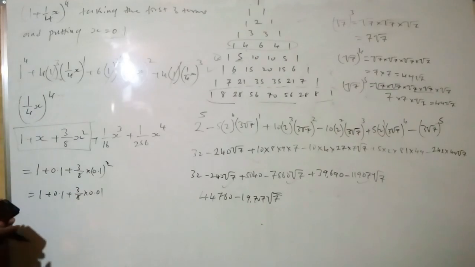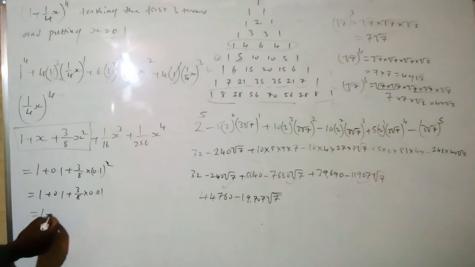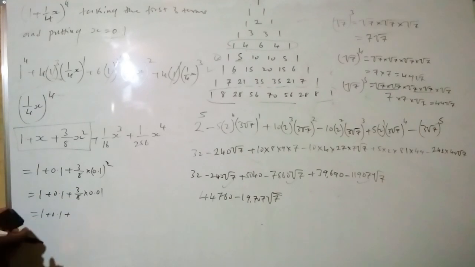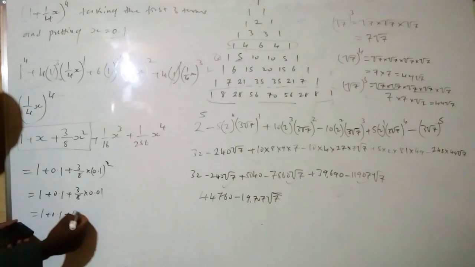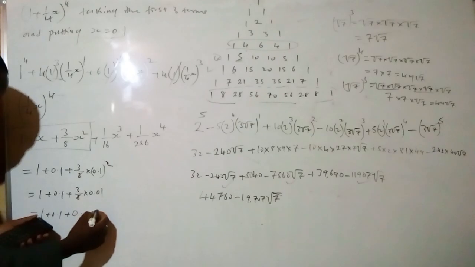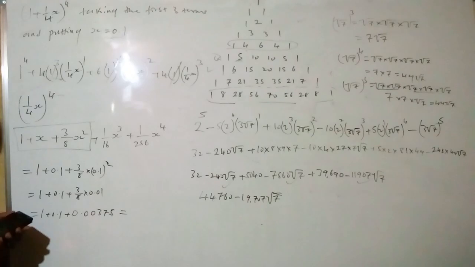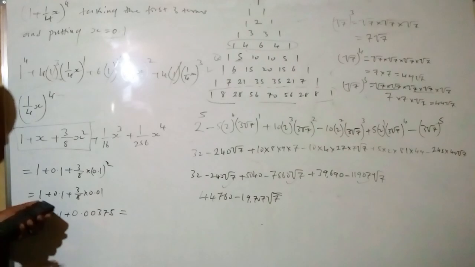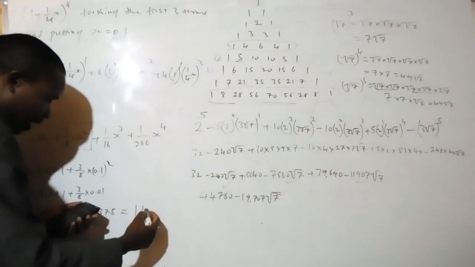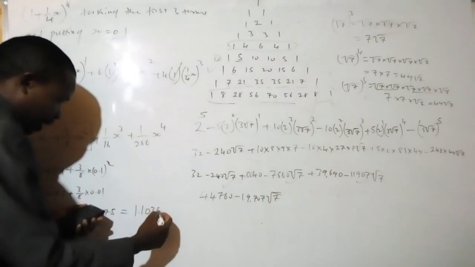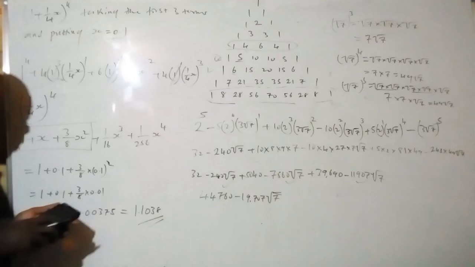Then 1 plus 0.1 plus 0.03 divided by 8, we get 0.00375. We add plus 0.1 plus 1, we get 1.1038 to 4 decimal places.